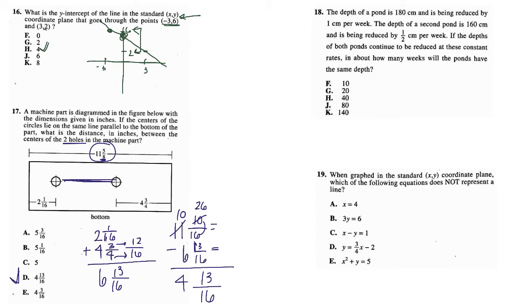Okay, in number 18, you're told that you have a pond, and the depth of that pond is decreasing at 1 centimeter per week. Now, we need to notice that we are starting at 180 centimeters, and then we are decreasing 1 centimeter per week. So we need to try to write some kind of equation that would model this.